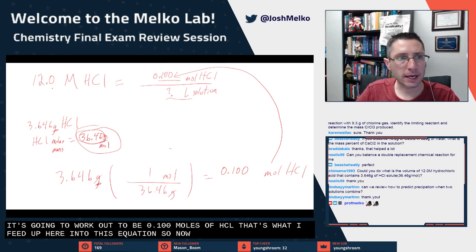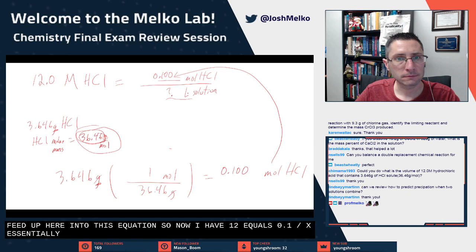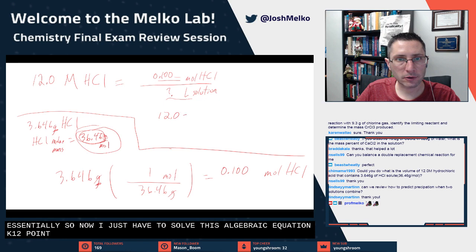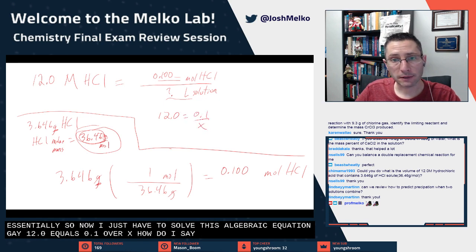So now I have 12 equals 0.1 divided by x, essentially. So now I just have to solve this algebraic equation. Okay, 12.0 equals 0.1 over x. How do I solve that?